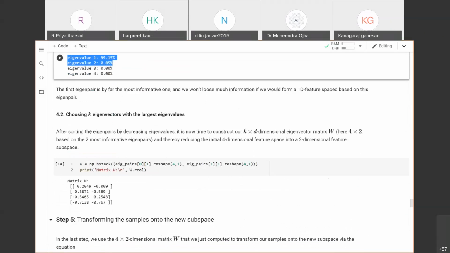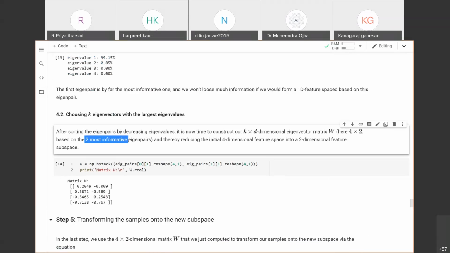After sorting the eigenpairs by decreasing eigenvalue, it's now time to construct our d by k dimensional eigenvector matrix W. Here it will be 4 by 2, based on the two most informative eigenpairs, thereby reducing the initial 4-dimensional feature space into a 2-dimensional subspace. Now how do we form our W matrix?